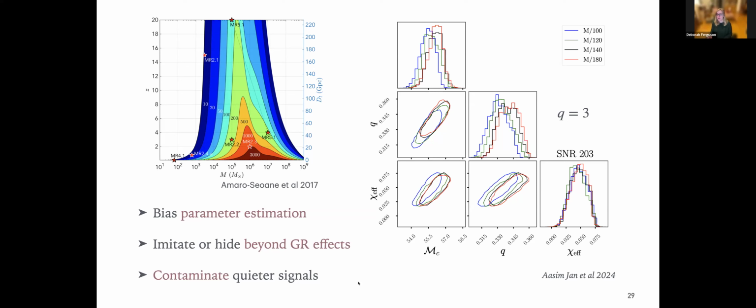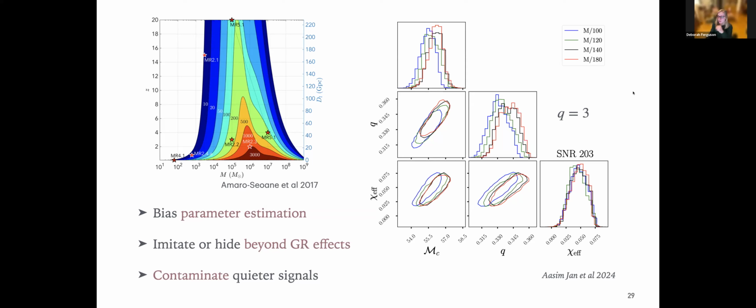The problem is you need to consider these errors on three different fronts. You need to consider how numerical relativity errors could bias parameter estimation, how they could potentially hide or imitate beyond-GR effects, and, as for these next generation detectors we might see lots of detections at once, you could also contaminate quieter signals if you mismodel the one you're looking at.